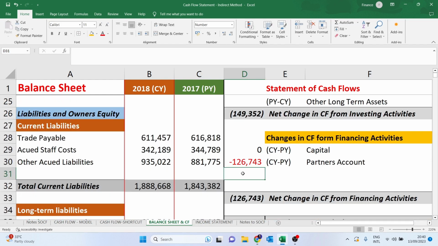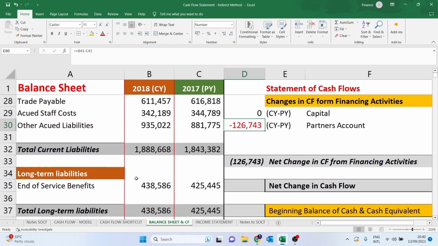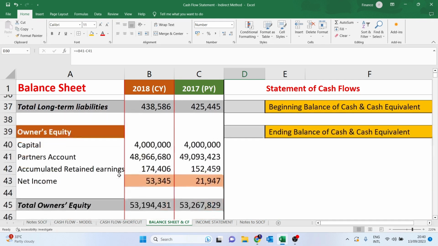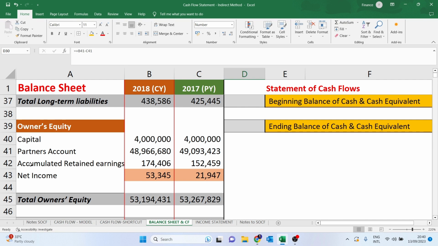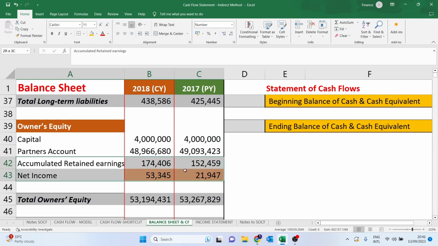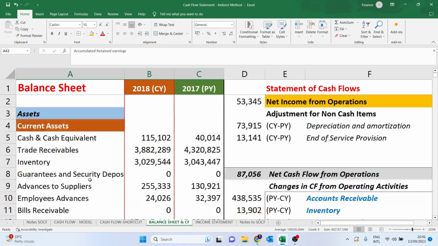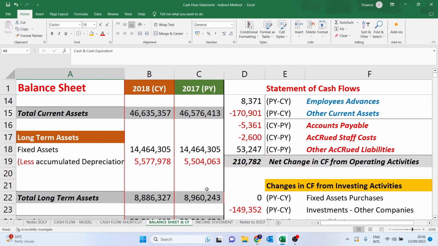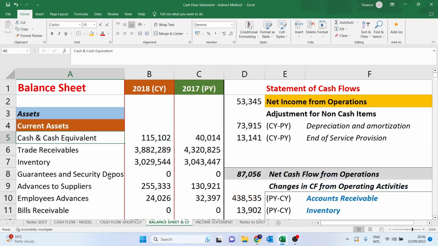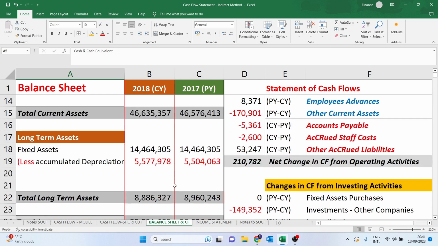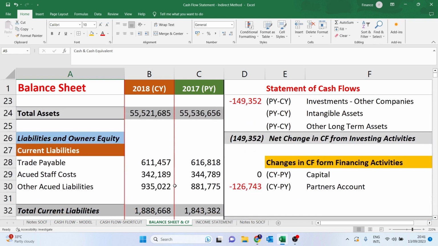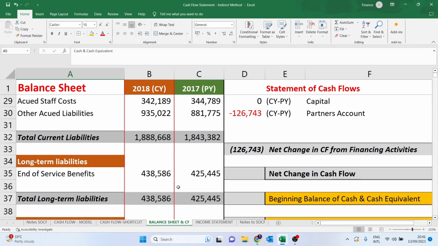So we have already taken all the balance sheet items except retained earnings, which we will not take because this is connected to income. Retained earnings, net income and the cash and cash equivalent balance we will not take. All other items appearing in the balance sheet, you need to check, identify the movements and enter them here.